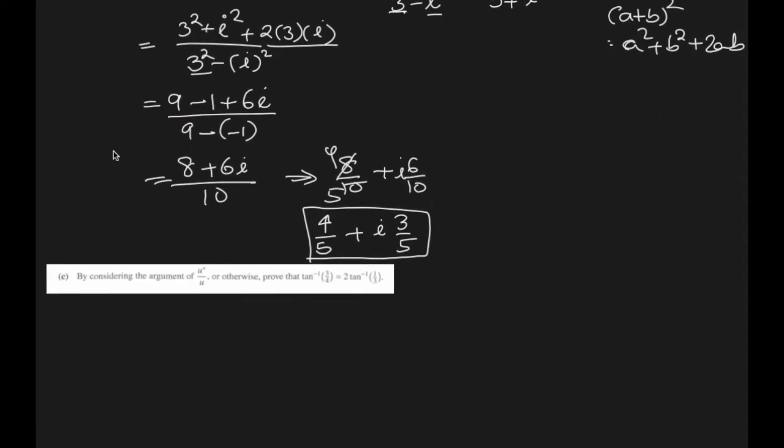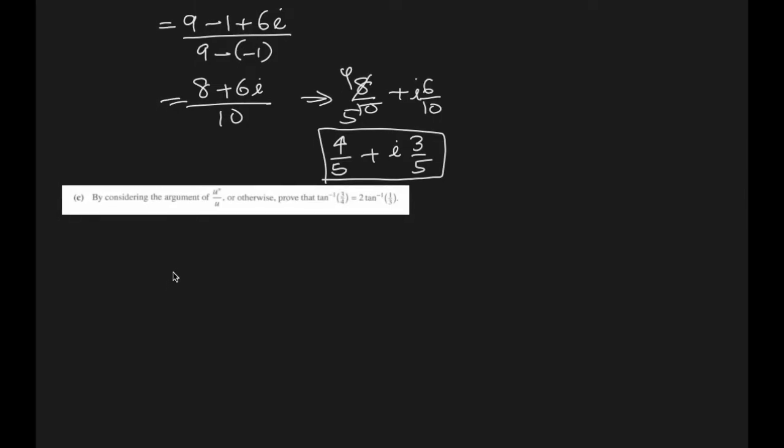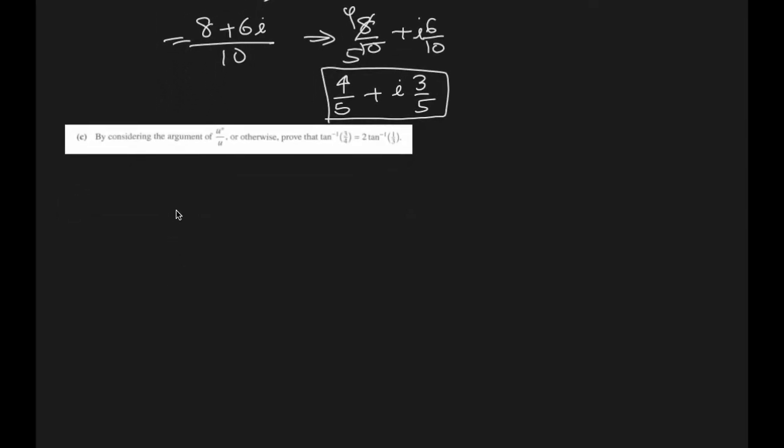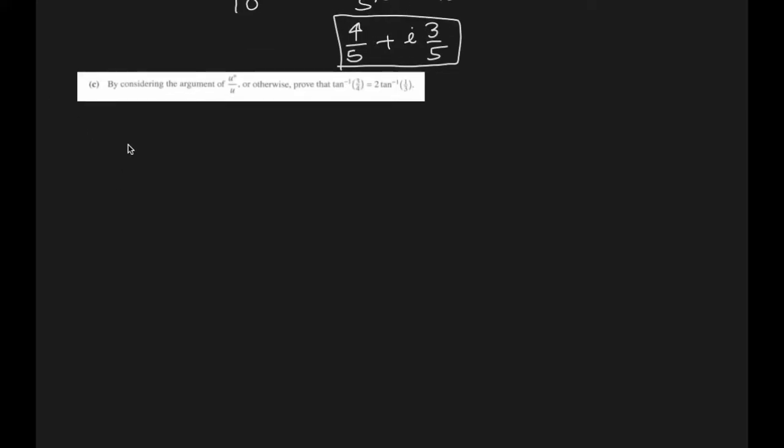By considering the argument of u star over u or otherwise, prove that tan inverse 3 over 4 is equal to this. Okay. So let me show, this is u star over u, which we got earlier. So first of all, you should know this one.